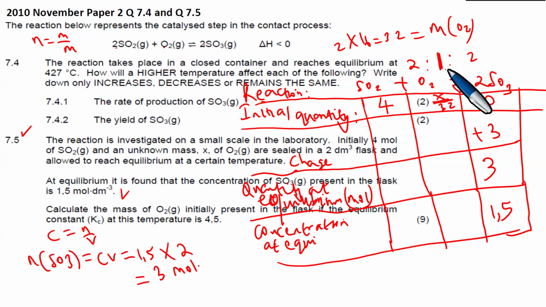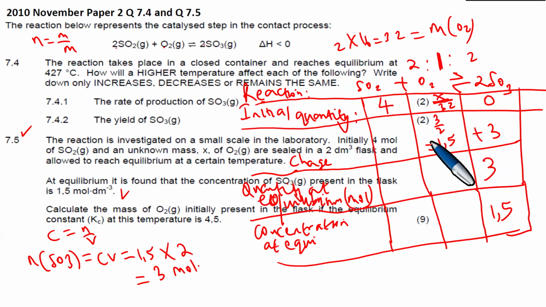If this one is 1:2 and this one is 3, what will this one be? You divide by 2. 3 divided by 2 is 1,5.